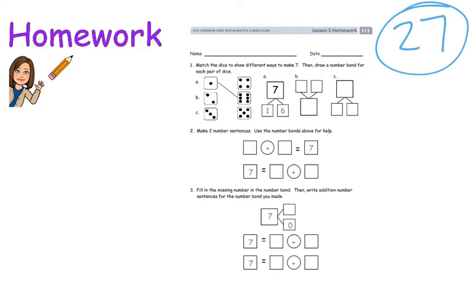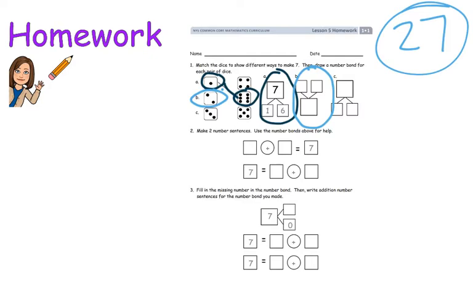So the first direction says, match the dice to show different ways to make 7. Then draw a number bond for each pair of dice. Okay, so the first one here has been done for us. So they matched 1 and 6, and they filled in that number bond. Okay? So you're going to match 2 with another number to fill in the number bond right here.